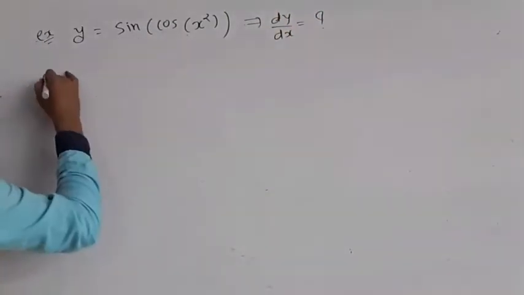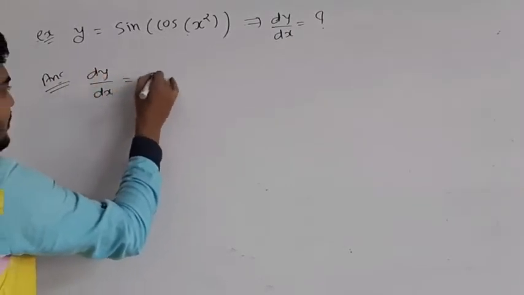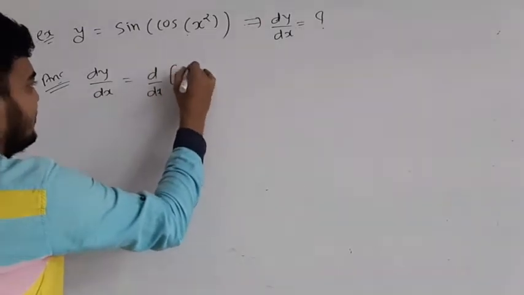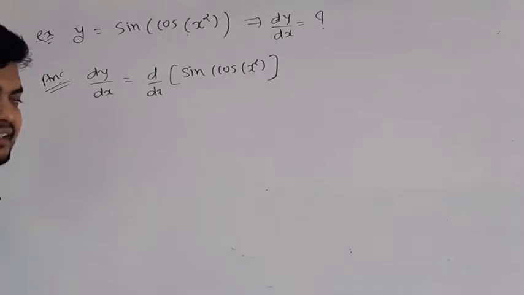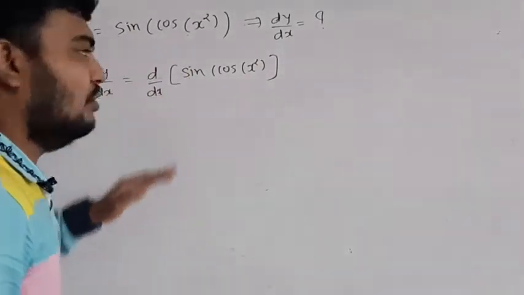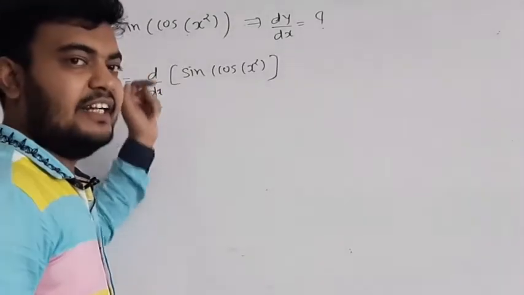So dy by dx is equal to d by dx of sine of cos of x square, putting the value of y here. See, it is a composite function. There is no multiplication or division sign, so we apply the chain rule.